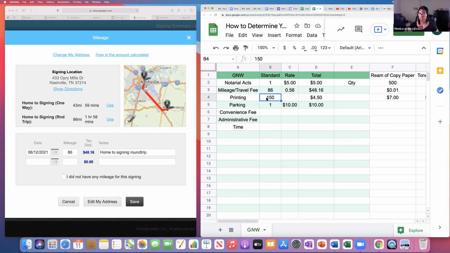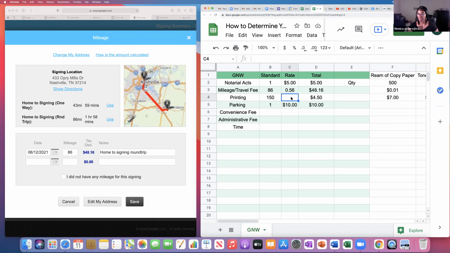So we have 150 pages. Again, we'll fix this for loan signings because Desiree is absolutely correct. You do have to print out multiple copies. So your standard pricing for a loan signing is probably going to need to be based on 300 pages versus just 150 pages. But we're still gonna grab some profit from printing from a general notary work pricing.